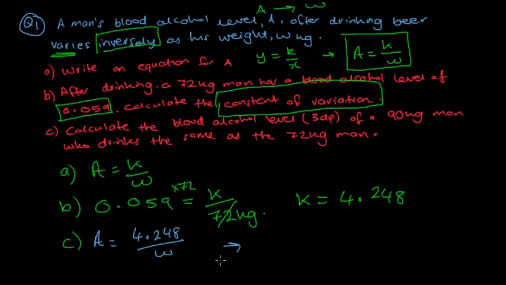We're wanting to calculate the blood alcohol level, which is the A. We've got the 4.248 over the 90 kilogram man. Now it's just typing that into our calculator. Either the graphics calculator is fine or a straight calculator because it's a straight division. We should get the answer for A equals 0.047.